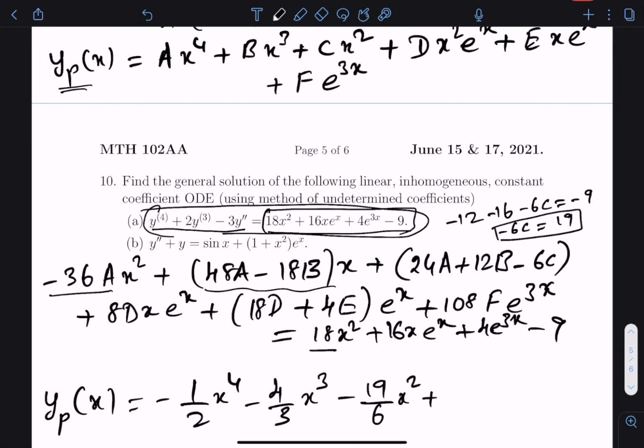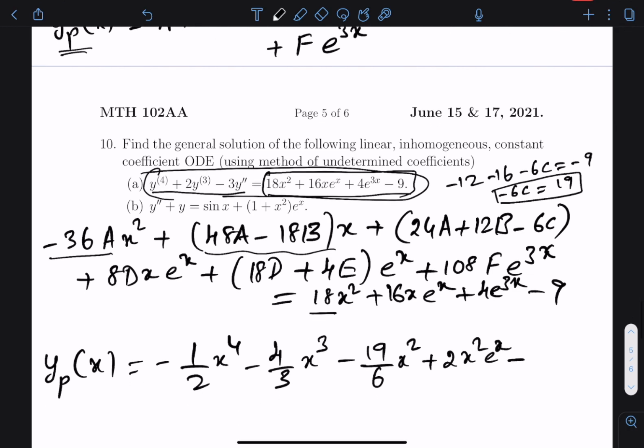Now d is for x square e power x. So d should be 2. So 2 x square e power x, minus what is e? If d is 2, 36, and 36, so e is minus 36 by 4, which is minus 9, so 9 x e power x.